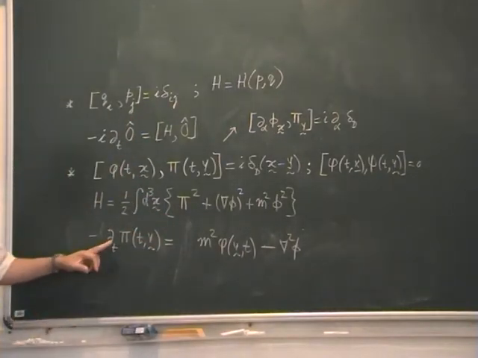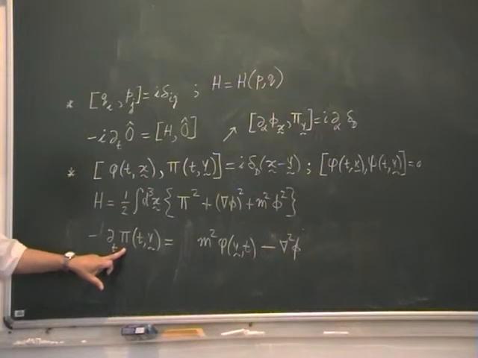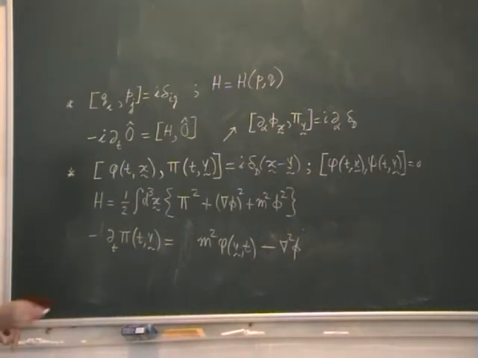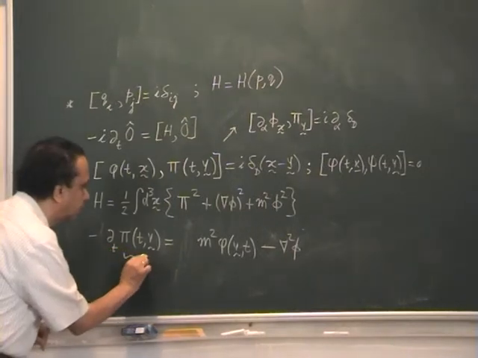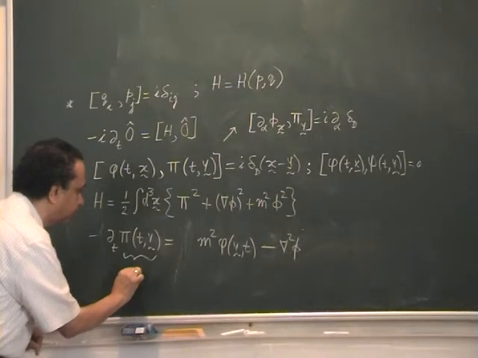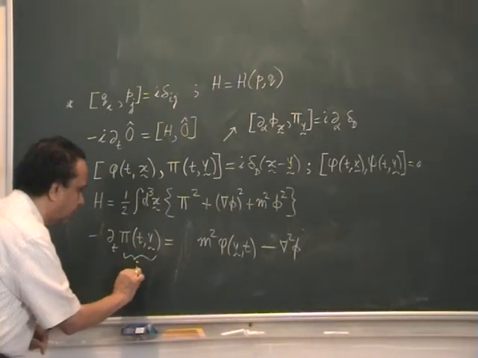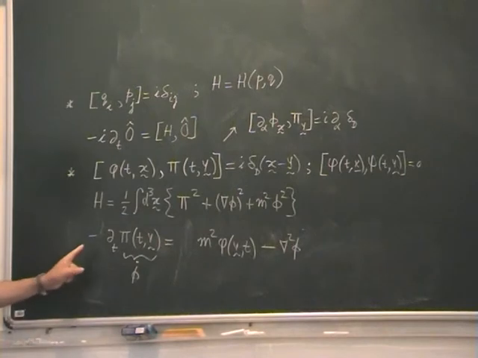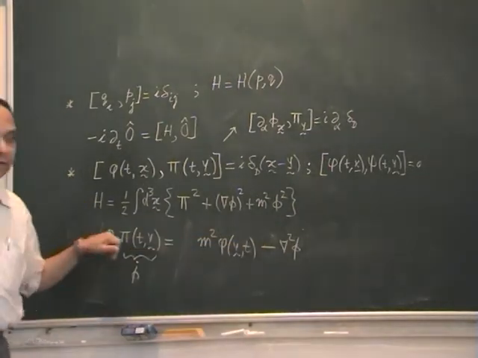So this is pi, if I substitute back the fact that this is equal to phi dot, this term is going to give you minus d square phi by dt square. Then that del square will come to this side.